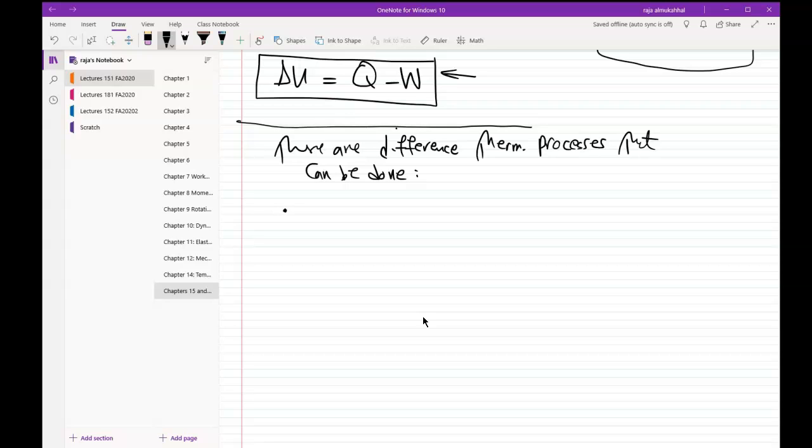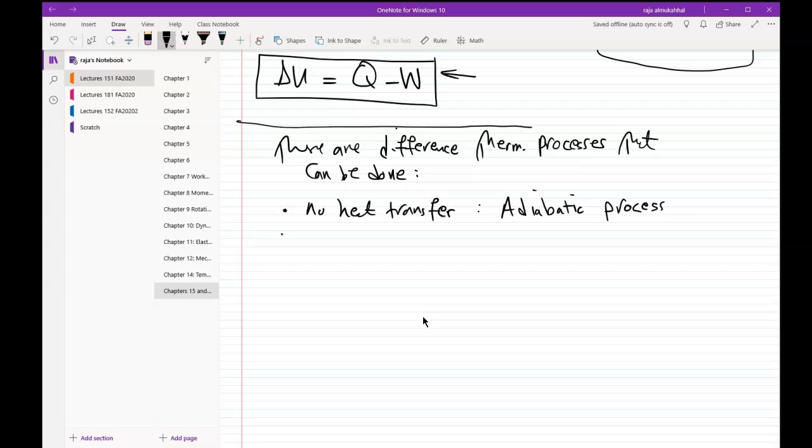First, I can do a thermodynamic process to a system without transferring heat, without adding or subtracting heat. No heat transfer. We call such a process an adiabatic process. Just bear with me. We're going to talk about this in detail in a minute.